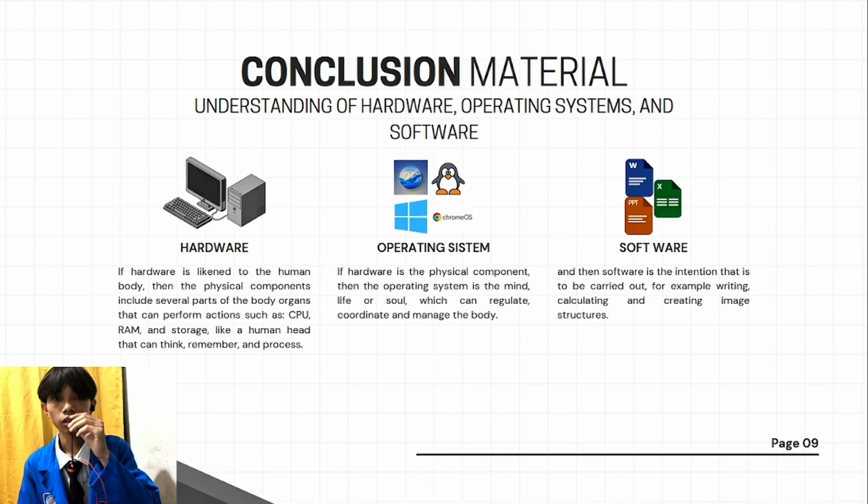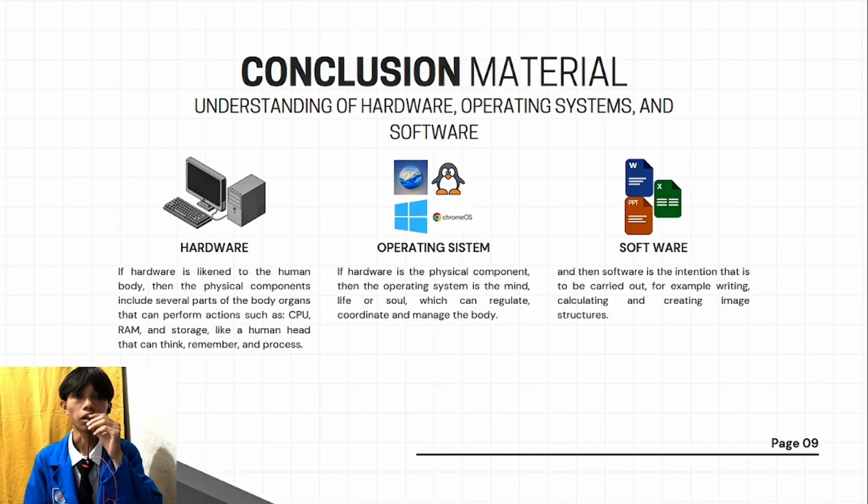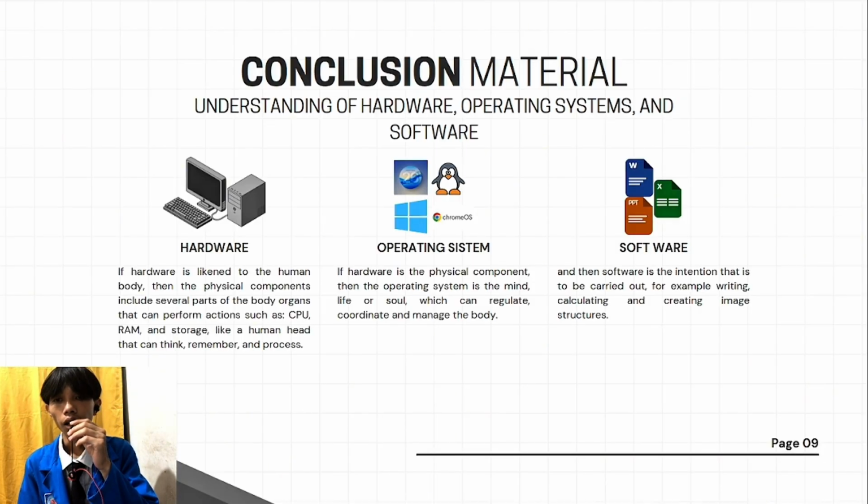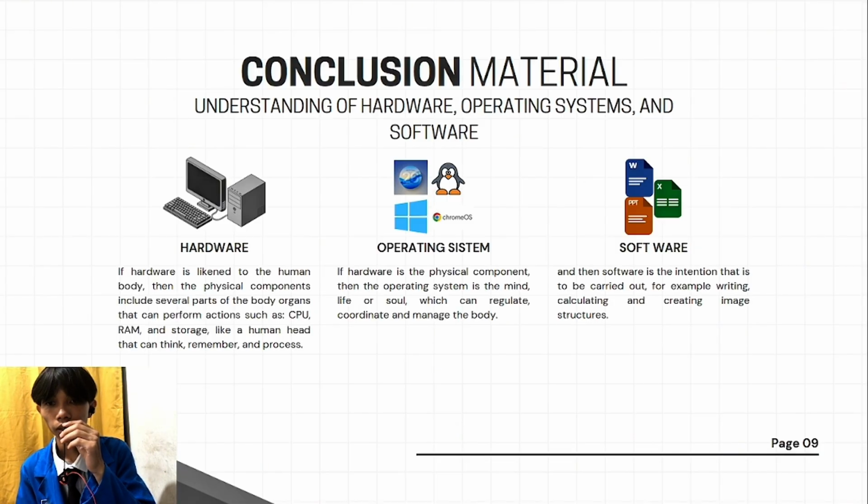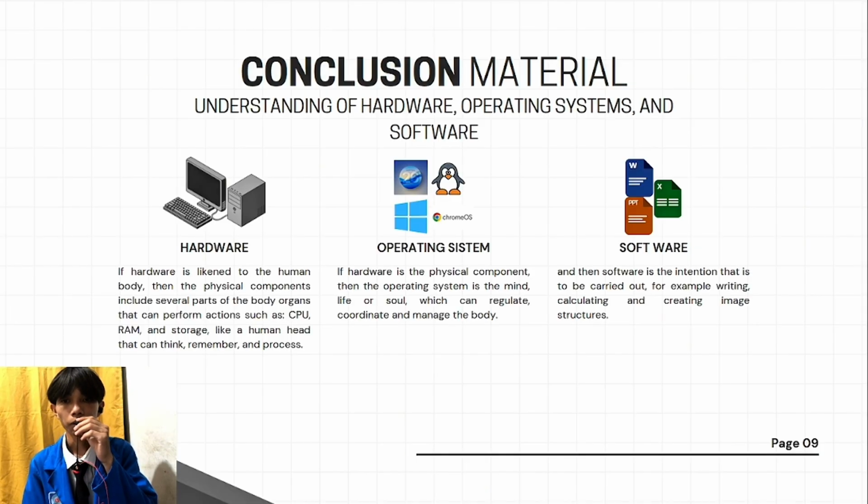So, this is the conclusion of the material, understanding hardware, operating system, and software. If hardware is likened to the human body, then the physical components include several body organs that can perform actions, such as CPU, RAM, and storage, like a human head that can think, remember, and process.